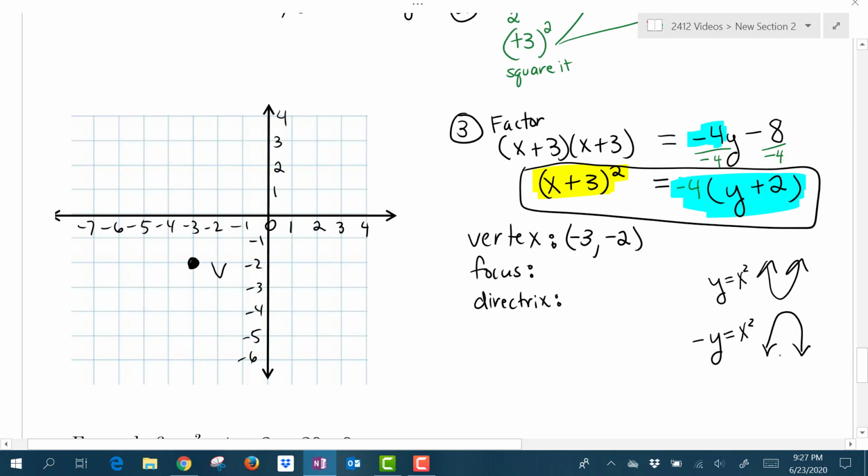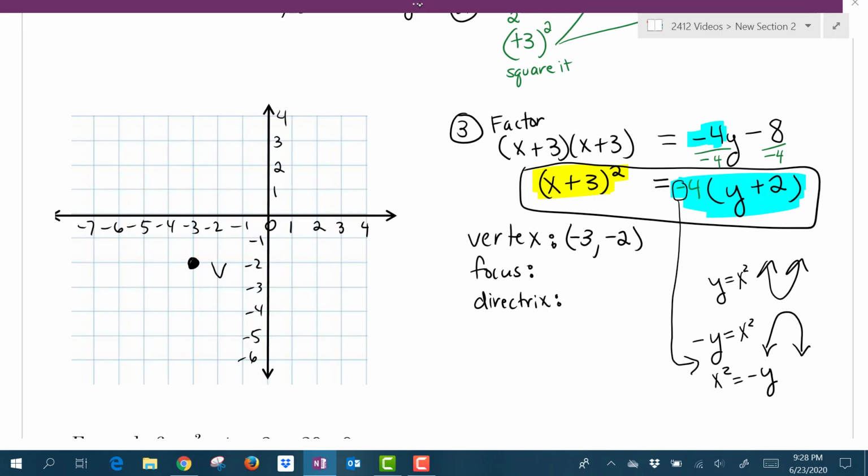Alright. And we said there's a few different forms of this that we might run into. These are all the same thing. Now when I look up here in my equation, we know that the graph is going to open up or down because x is being squared and y is not. But if I look at the sign in front of the focal width, that's a negative sign on one side of the equation.